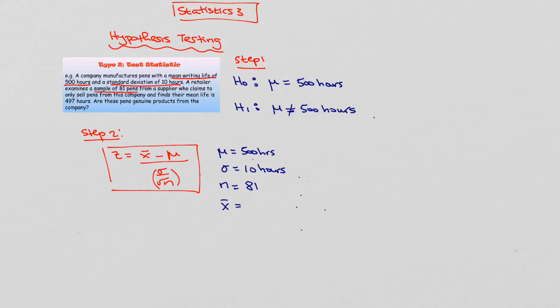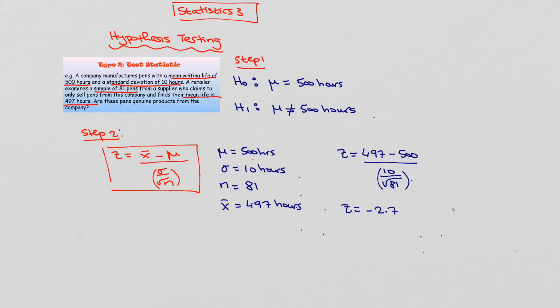And the mean of the sample is 497 hours. If we sub this into our formula, we get 497 minus 500 over 10 divided by the square root of 81. And that gives us a test statistic of minus 2.7.